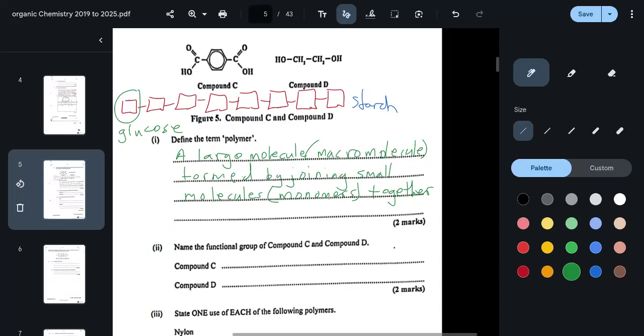Alkene, carbon to carbon double bond. But with the carboxylic acid now and the alcohol, it can ask you for the name because they have a name. So it's not asking you to write OH and COOH. It is asking you for the name. So compound C, what is the name of the functional group?